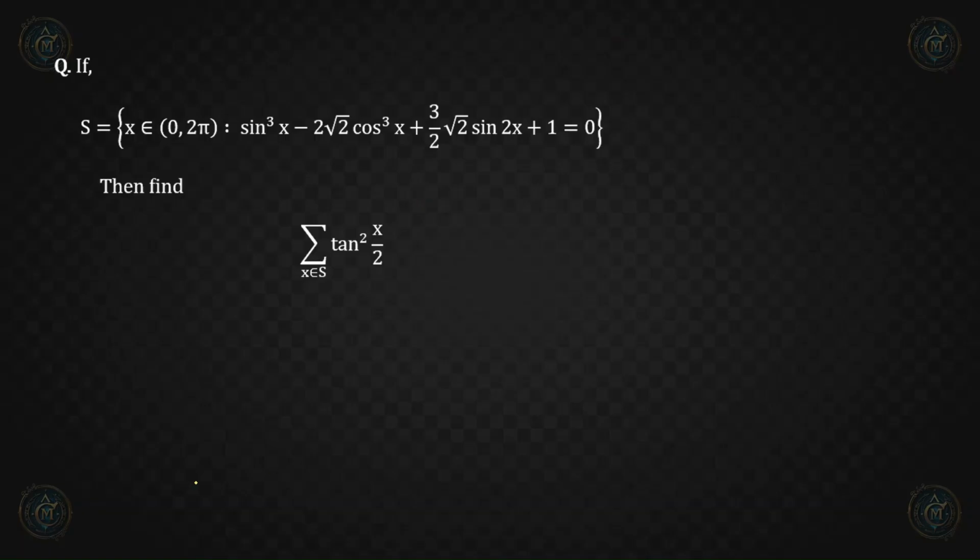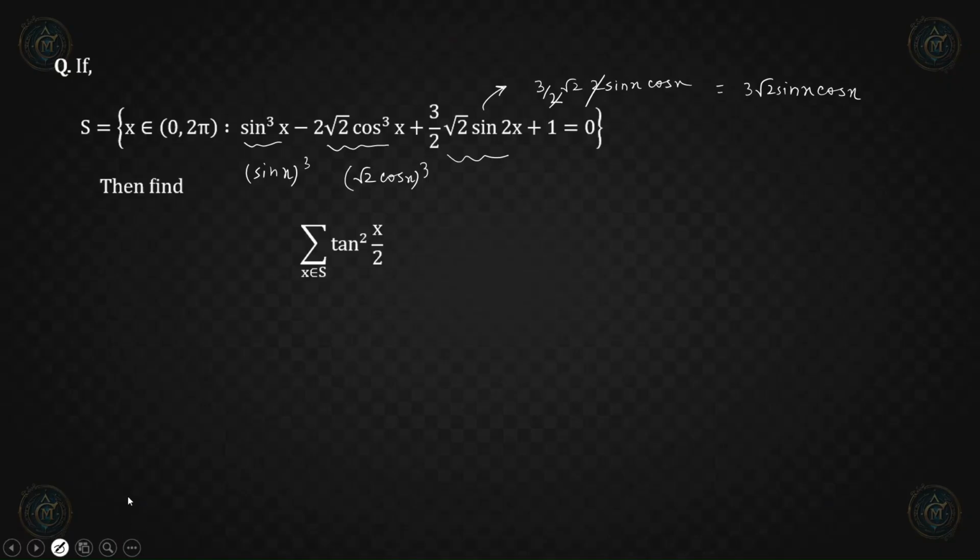To do this, we can write this thing as sin x whole cube, and this thing as root 2 cos x whole cube, and this thing can also be simplified as 3 by 2 times root 2 times 2 sin x cos x, which gives 3 root 2 sin x cos x.